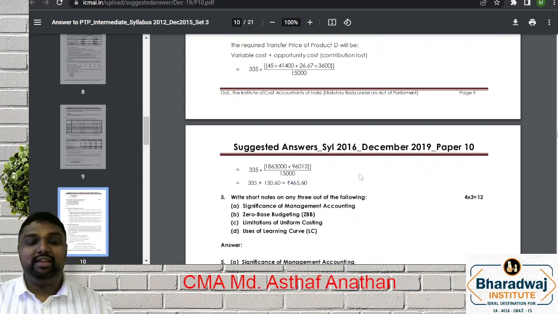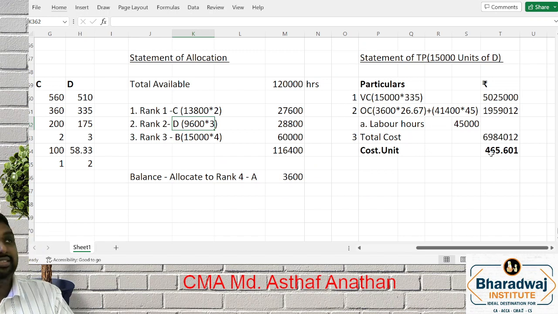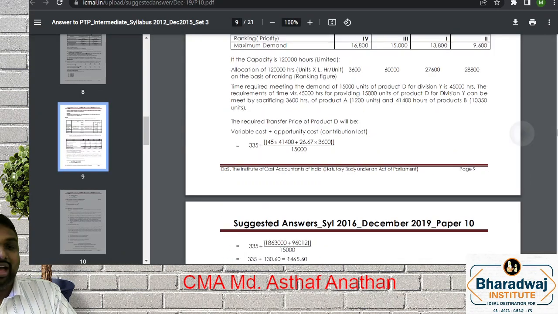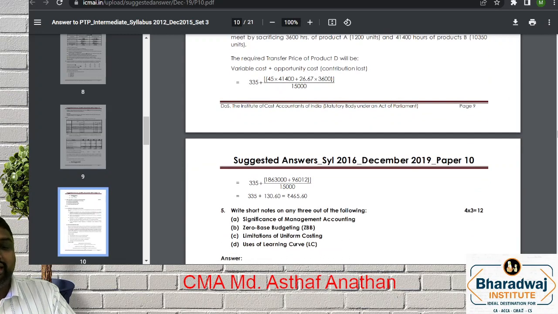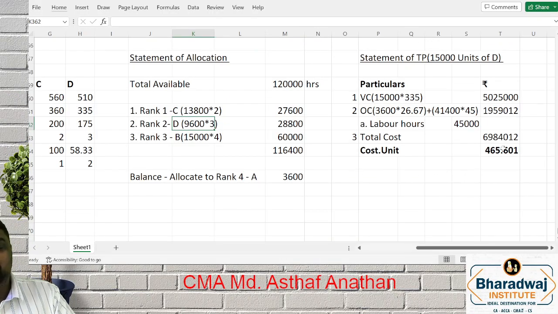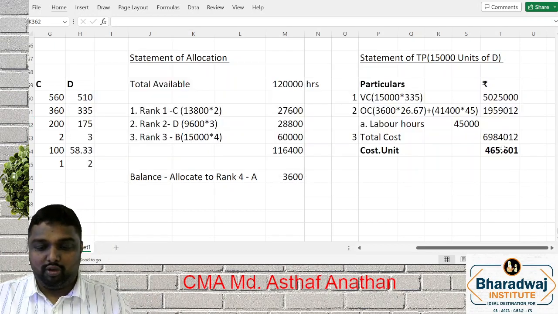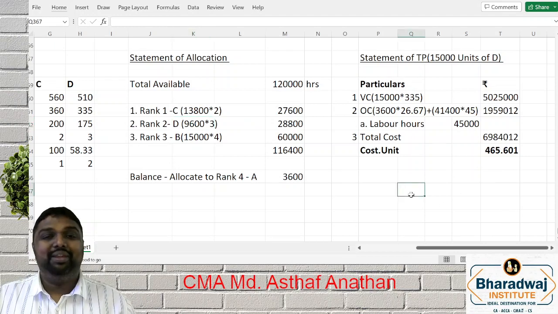Your study material is entirely different, but we discuss our own shortcut method, which will compare with your marginal costing concept, so that it will be easy for you. 465.60, same as it. So this is how we have to approach. I hope all of you are clear on these areas. Please copy the same.